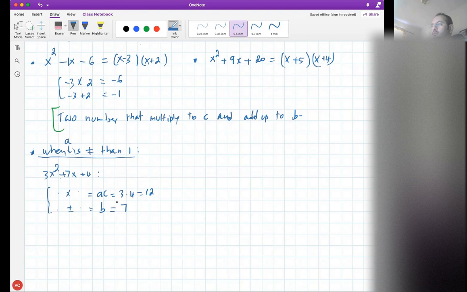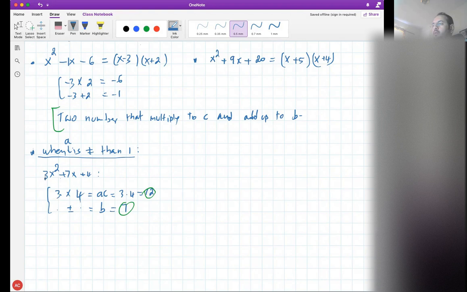The same numbers that multiply to 12 should add up to 7. What numbers multiply to 12 and add up to 7? In this case, 3 and 4. That's right.